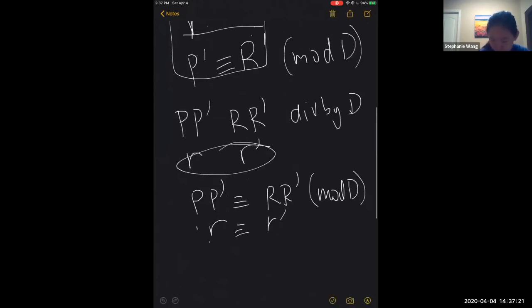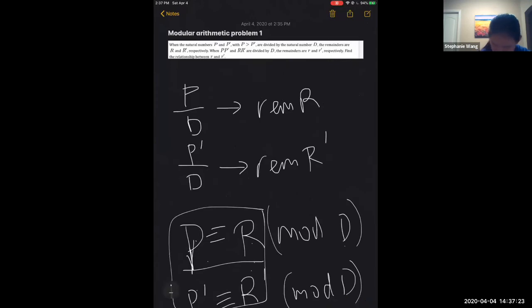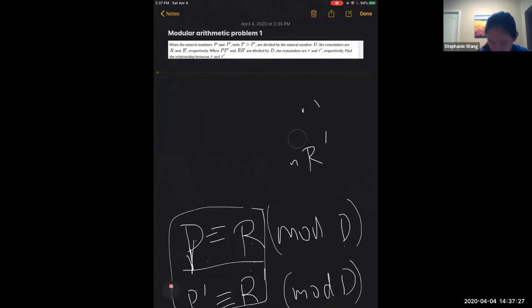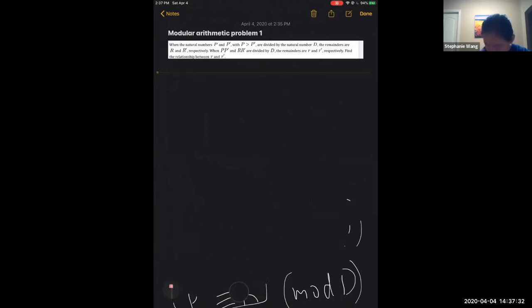Let me show you guys the problem again. Okay, so we know that after you divide p by d, the remainder is going to be equal to r, right?